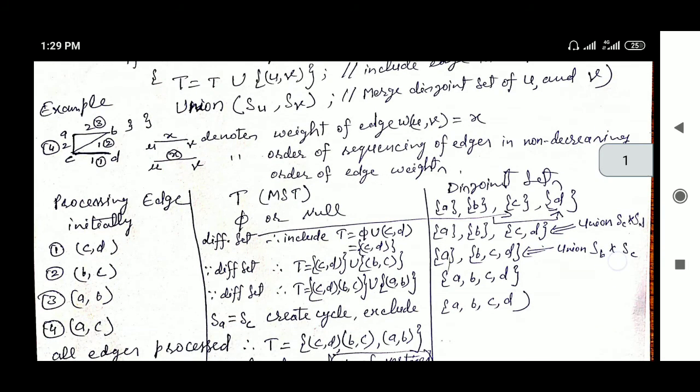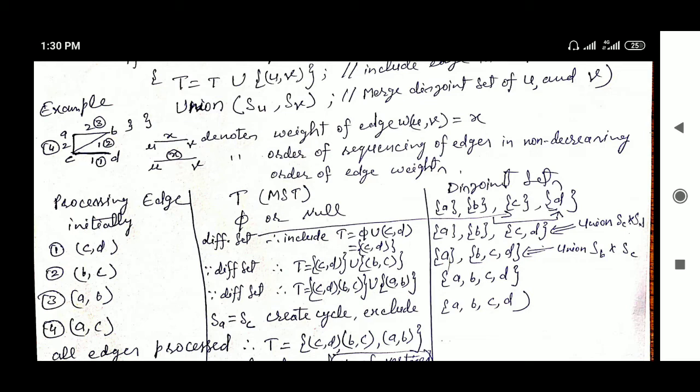Now in step 1, we choose the minimum cost edge weight and we number the sequence in which we are going to choose the edges from minimum weight to maximum weight. Okay, so it is dependent on the solution provider to choose CD as the first edge or BC as the first edge.